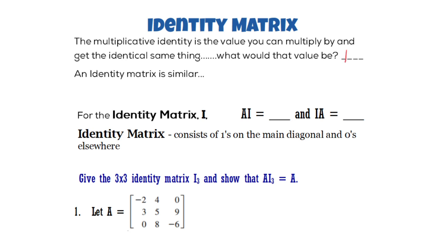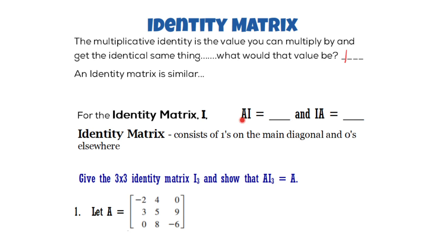That's the multiplicative identity. Now, an identity matrix is the same thing. For the identity matrix, and we usually label an identity matrix I, in order for it to be truly an identity matrix, you should be able to take any matrix A, and I should say this would be the identity matrix for a particular sized matrix.